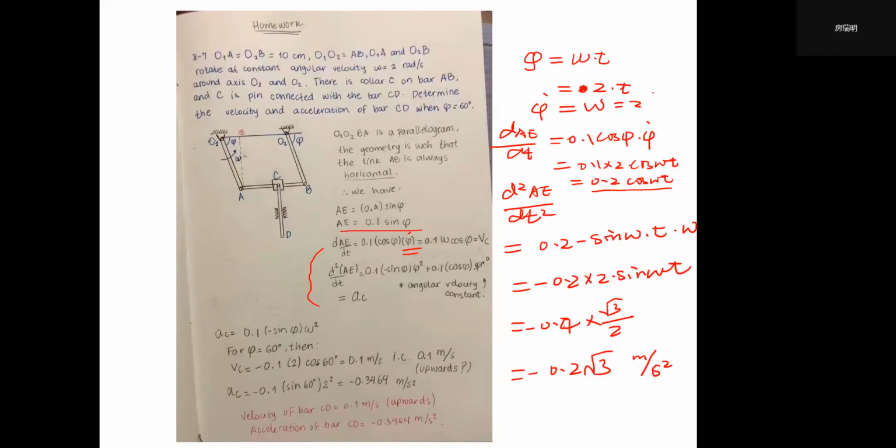I have validated this answer. These two answers are correct. Here we can use 0.2 times cosine 60, which equals half, right? So here will be 0.1 meters per second.